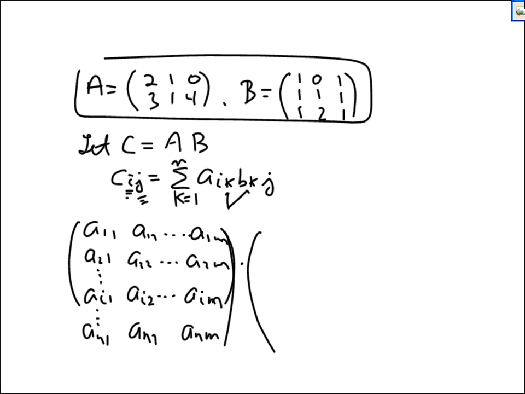Now, matrix B. You're going to have the first row, first column; the first row, second column; eventually you'll get to the first row, jth column, all the way up to the first row, pth column. You'll have the second row, first column, the second row, second column, the second row, jth column, all the way down to the second row, pth column.